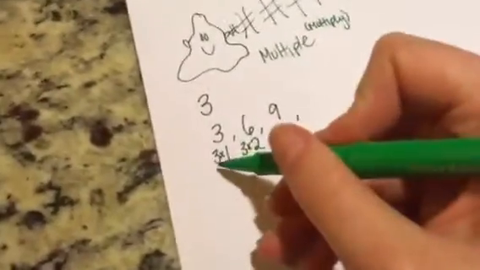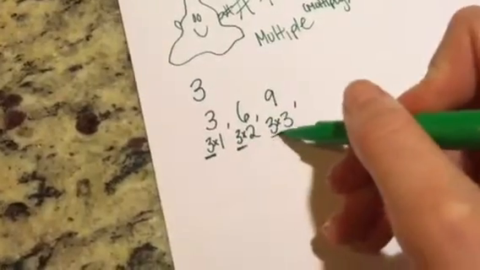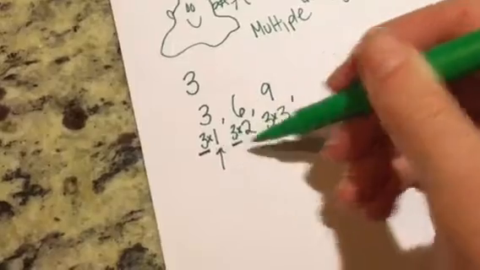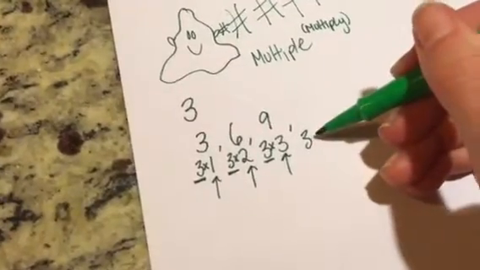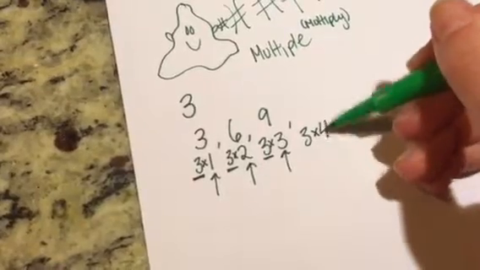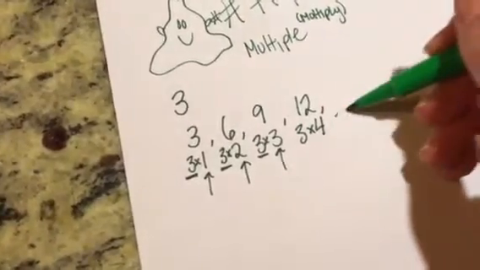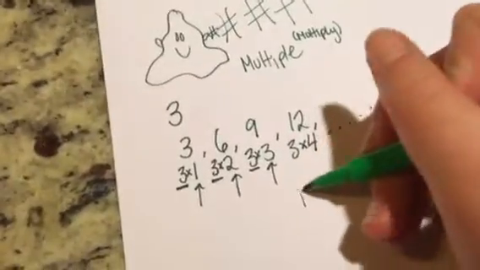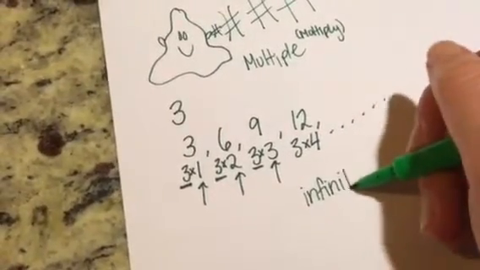So you go in order. You take the number you're trying to get the multiples of, and then you multiply it by 1, then 2, then 3. So then I'm going to multiply 3 times 4, and that's 12. And this could keep going on and on and on, right? You have so many multiples. You have an infinite number of multiples.